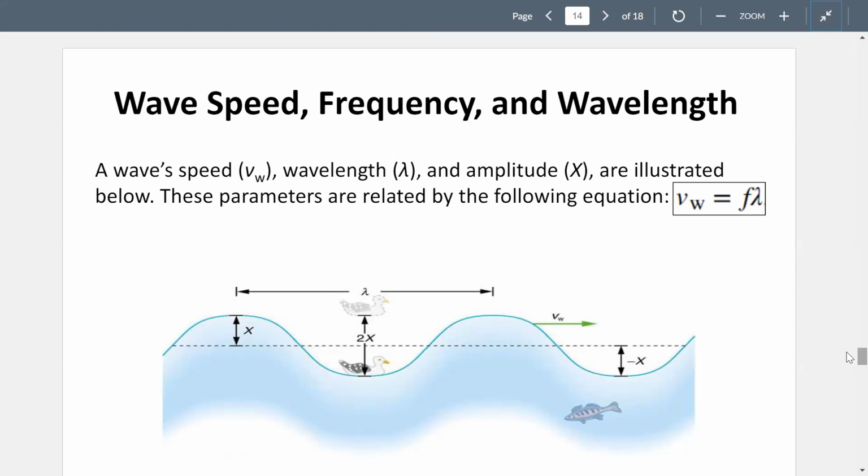The distance from peak to peak is called the wavelength. Notice that the wave speed has nothing to do with the amplitude in our universal wave equation.